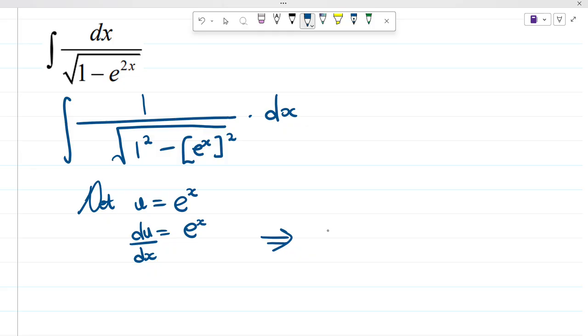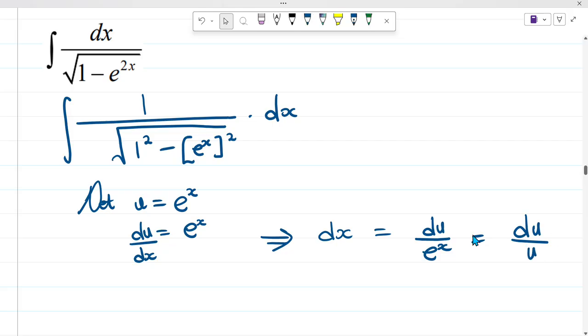Therefore, if we make dx the subject according to the formula, dx is going to be equivalent to du over e to the power of x. And we know that u is equivalent to e to the power x. That means where there is e to the power of x, I'm going to write u. So this is the same as du over u. Hope that makes sense.